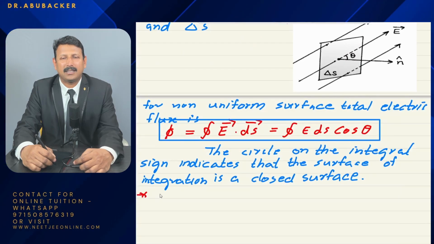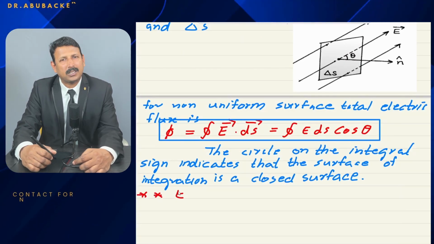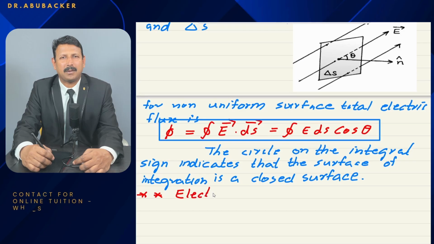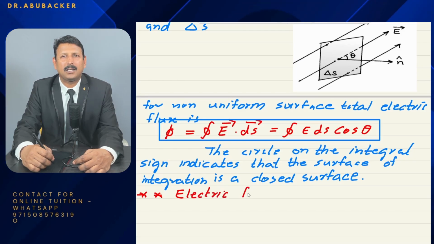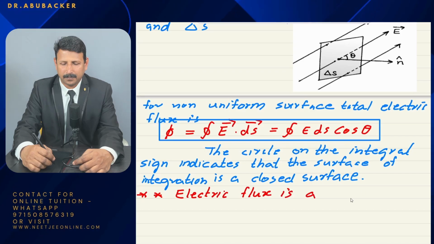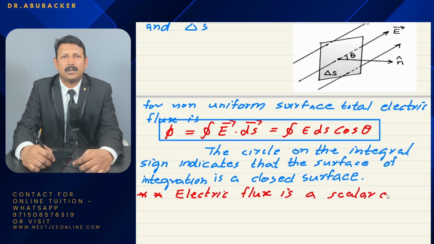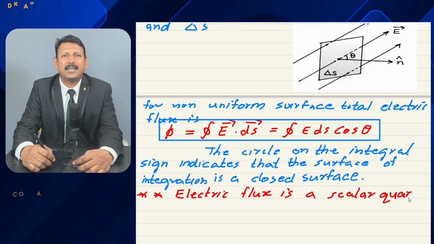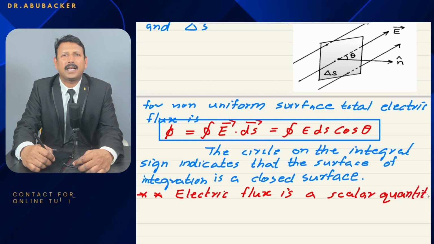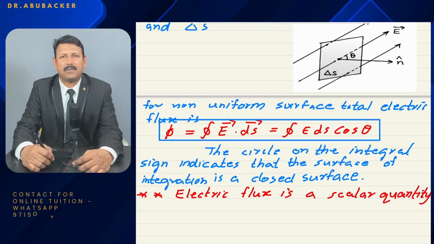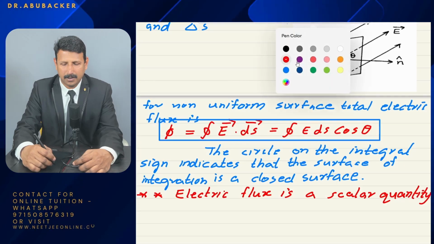That indicates that the surface is a special type of surface, not an open surface, but a closed surface. So the circle on the integral sign indicates that the surface of integration is a closed surface, suitable for closed surface integration.